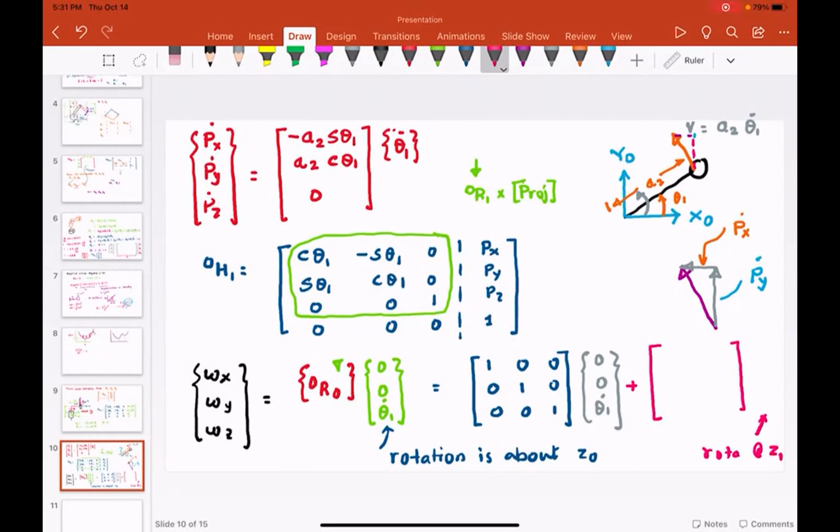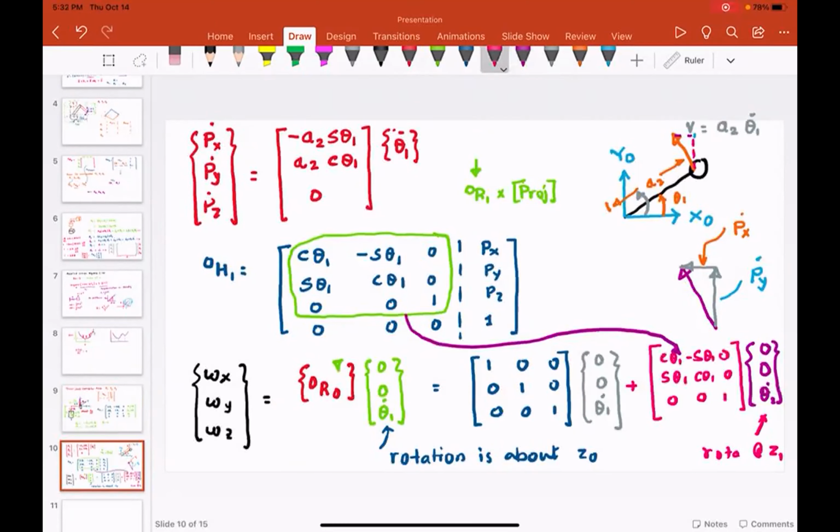So I'm going to write here 0 0 theta 2 dot. And this rotation matrix will go here. So this will become cosine theta 1, minus sine theta 1, 0, sine theta 1, cosine theta 1, 0, 0, 0, 1. Everyone understood this?